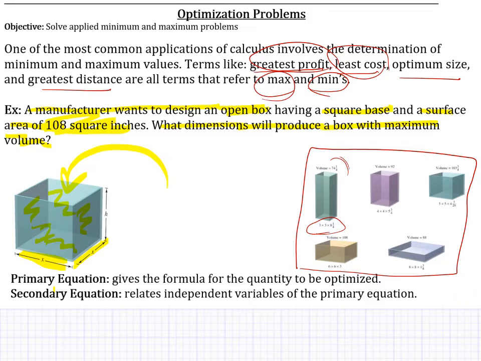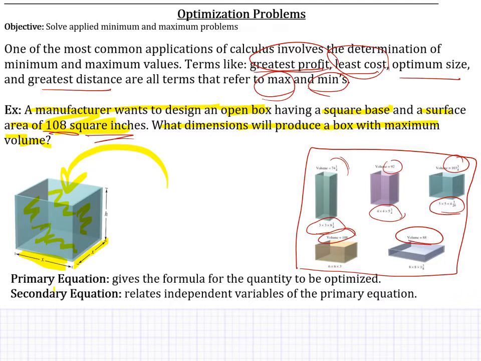This one is a 4 by 4 by 5 3/4 box, with a volume of 92. And you see, they all have different volumes. If we actually computed the surface areas, every one of these would have the same surface area. They'd all use 108 square inches of cardboard, but they clearly all have different volumes. So which box should be used to maximize the volume? This is your typical optimization problem.